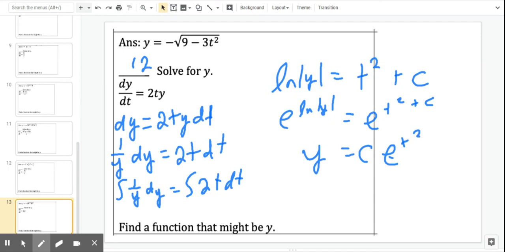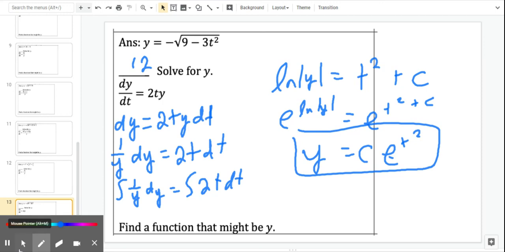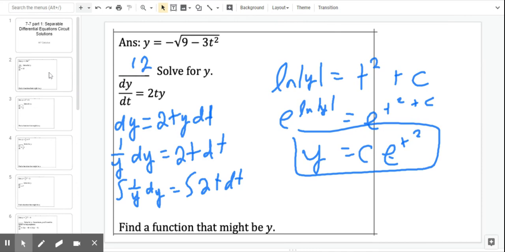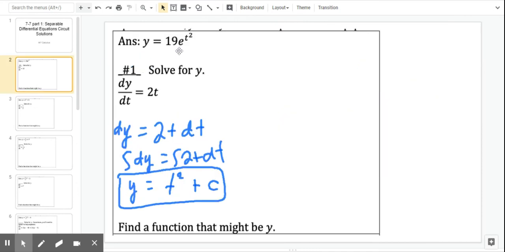And that is it for that one, which magically brings us back to number 1. Because the answer is 19 e to the t squared, so c would be 19. And that is it.